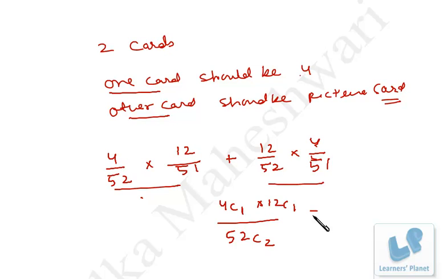If you just expand it, you will get the sum like this only. So it's 4 into 12 into 2 by 52 into 51. So it's 4 into 12, 2 times, by 52 into 51. So we are getting all the combinations of 2 cards for 2 simultaneous draws.